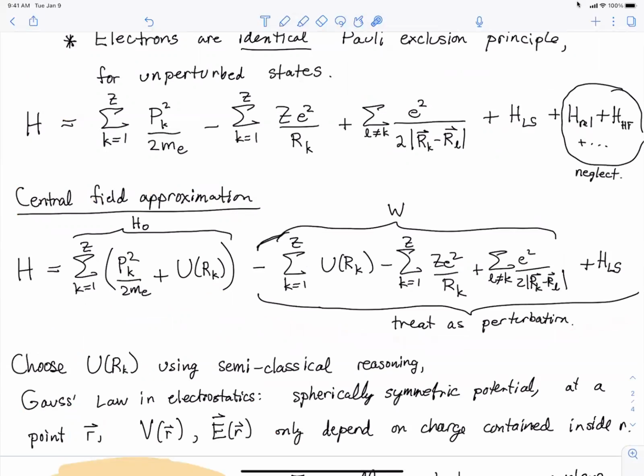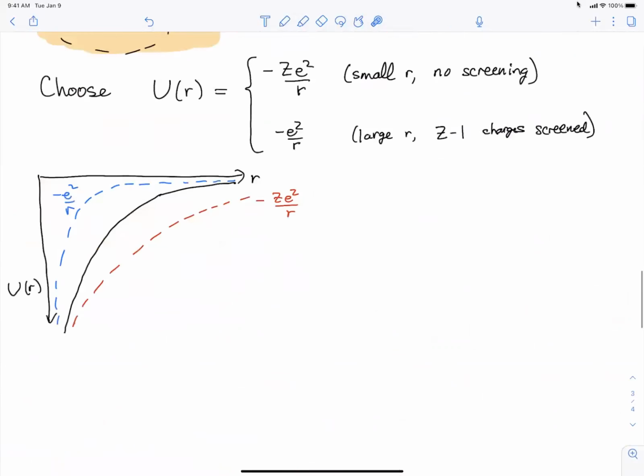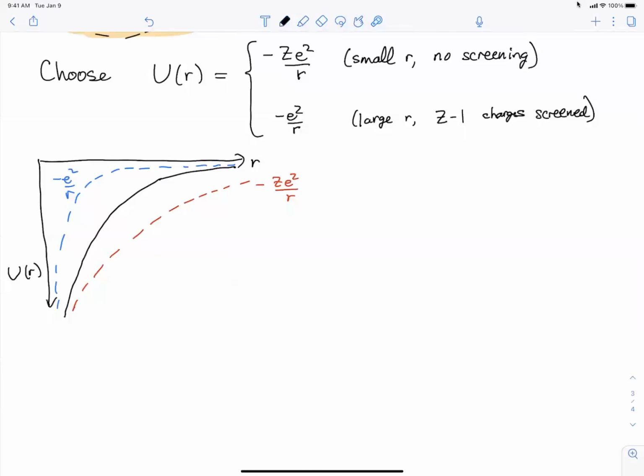That means its effects should be relatively small compared to this. To first approximation, this right here is all we're going to deal with, and then we just imagine treating this as a perturbation later, if we have to be very precise about things. Okay, so let's go back now to the spin orbit part.